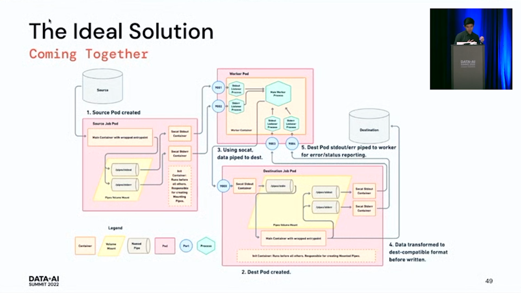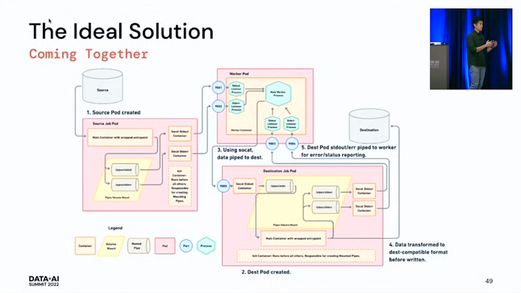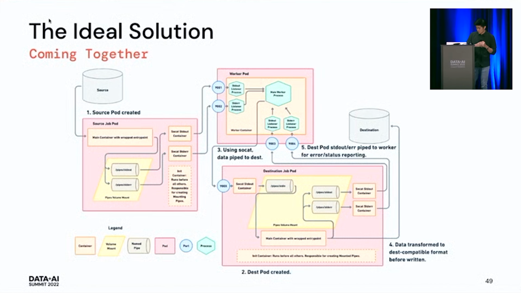So let's talk about this so everyone understands what this looks like on an architecture diagram. The most important thing, again, is the worker pod. It does the same thing: create your source and destination processes, the read and write CLIs. In this case, they are backed by pods on Kube.